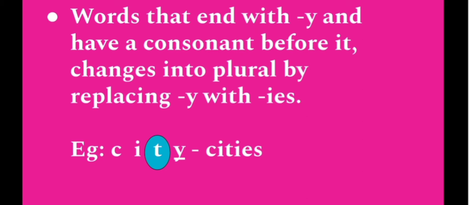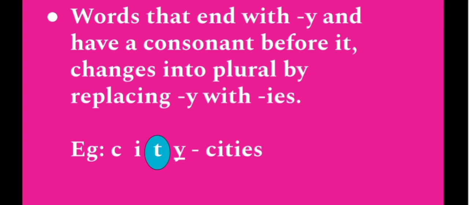But which letter comes before y? It's T, and I have circled T in blue color. T is a consonant. Because T is a consonant, you have to add es.